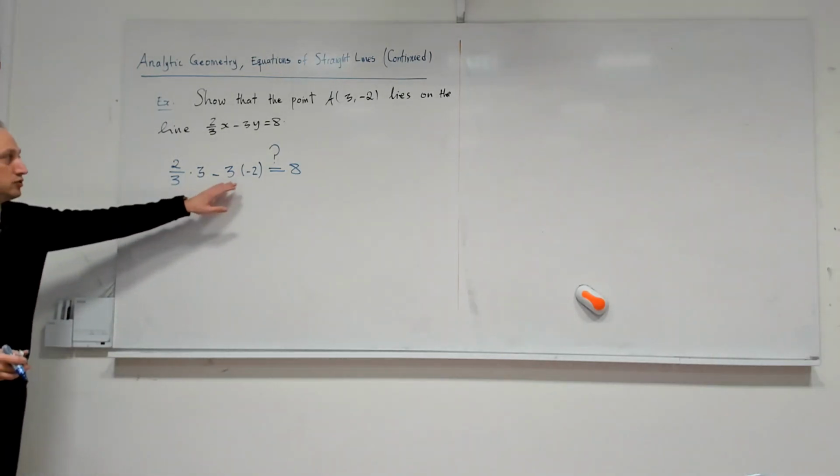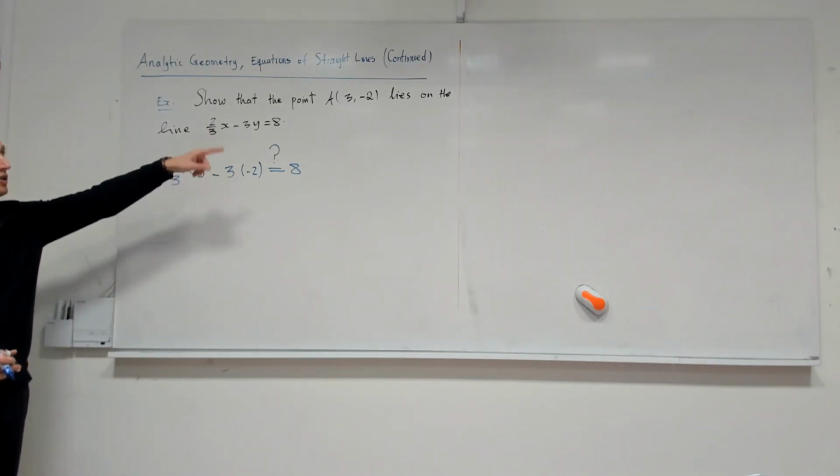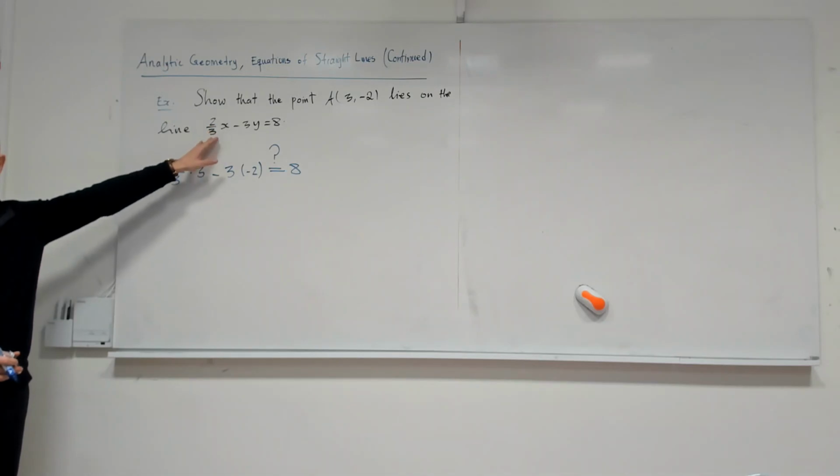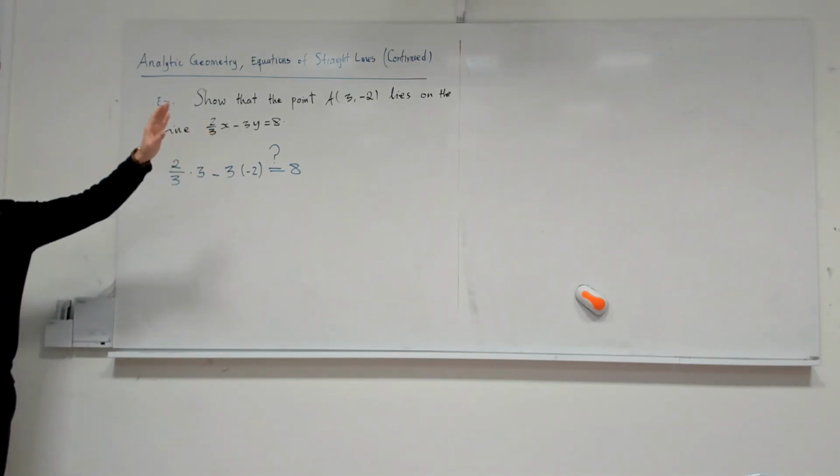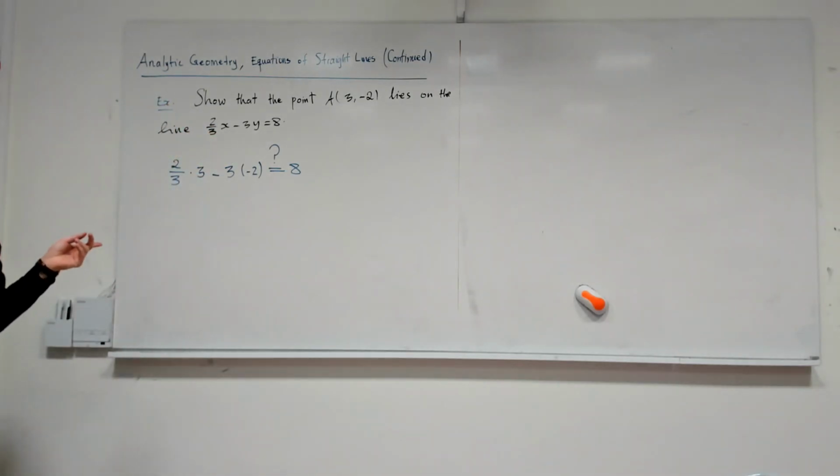If the answer is positive, then it confirms that the point lies on this line. If it is negative, it means that the point is not on the line. That is the only way to check if a point is on a line or not.